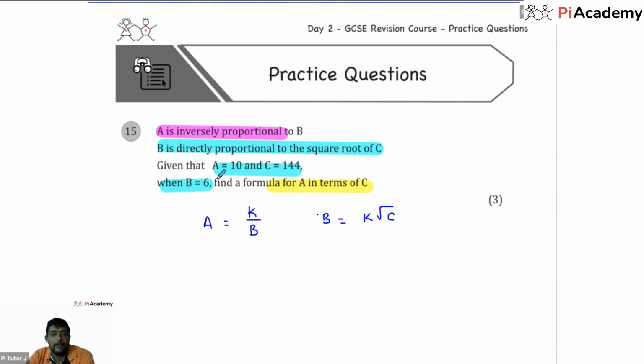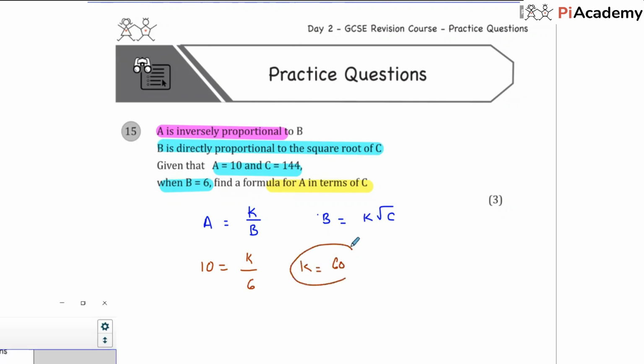So let's plug in these values and find K first. B is 6, so A is 10 is equal to K over 6. So K is equal to 60.